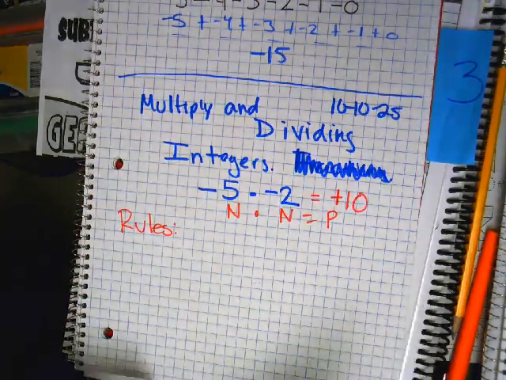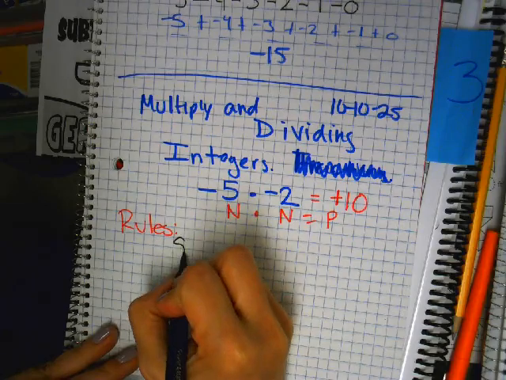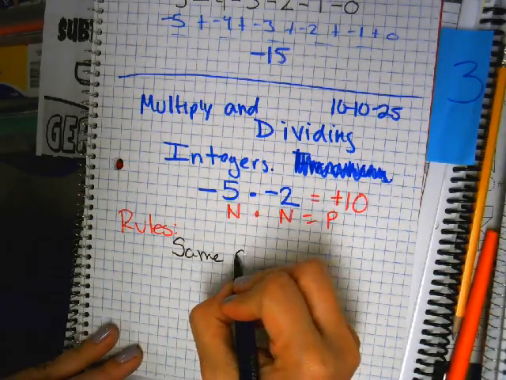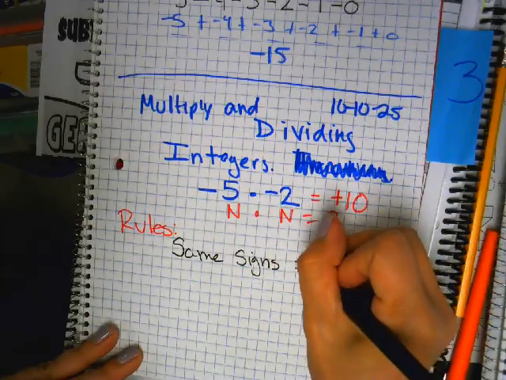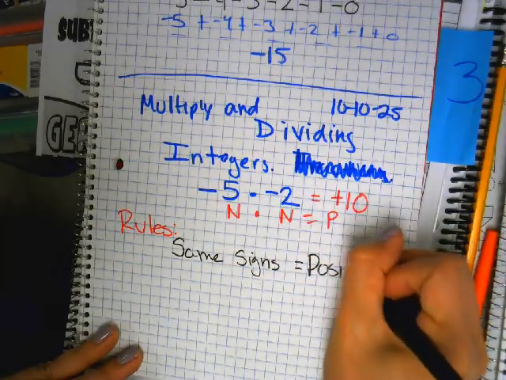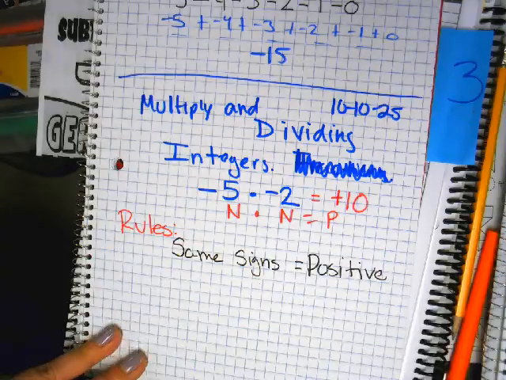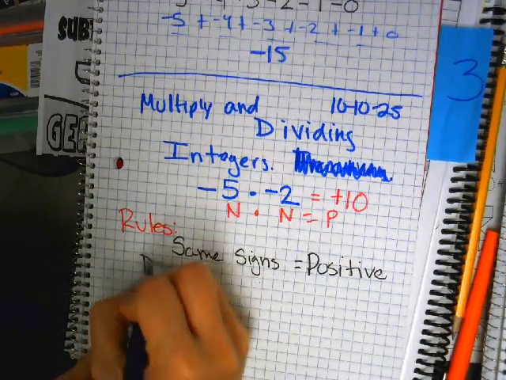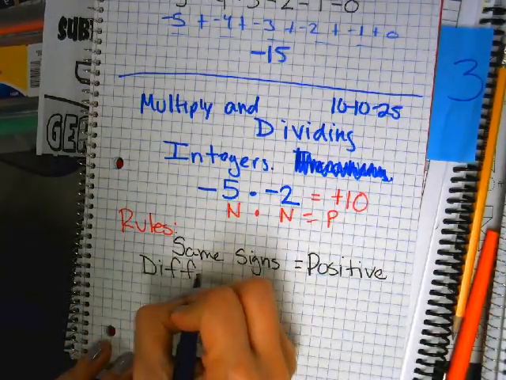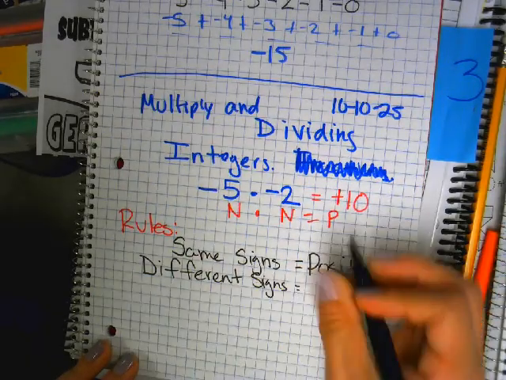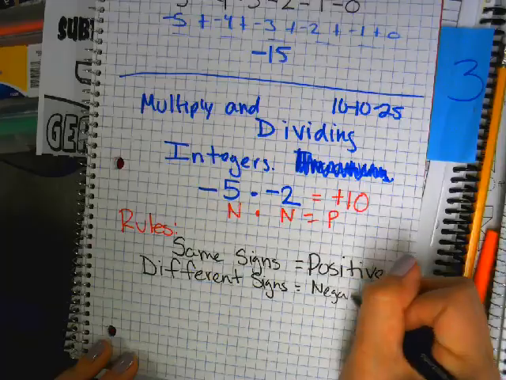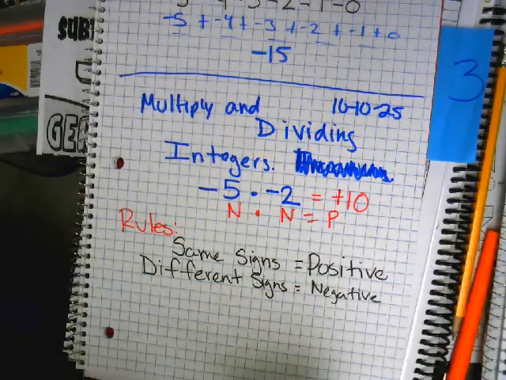The rules are very simple. Same signs equal a positive. Different signs equal a negative. So it's not about subtracting or adding. Here is just your answer.